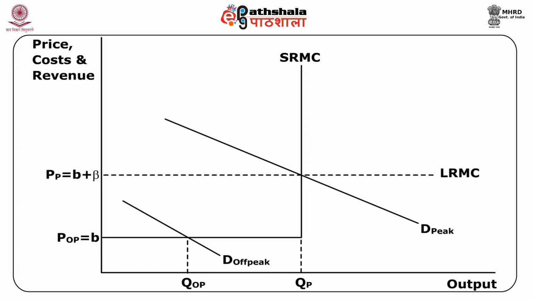Beta represents the cost of an additional unit of capacity, and the LRMC at the level B plus beta represents the marginal cost to supply a unit of output. The LRMC helps determine if the existing plant size is optimal. B, as mentioned above, are the per unit operating charges per day.